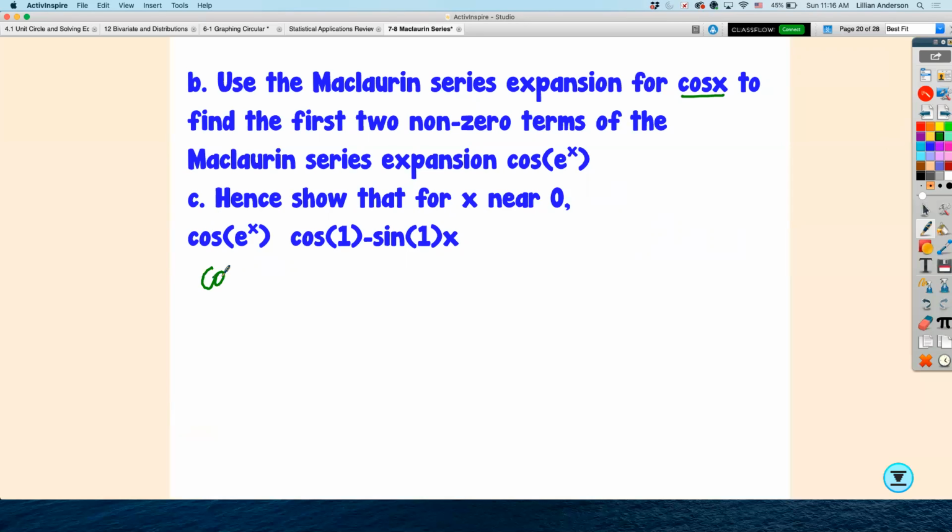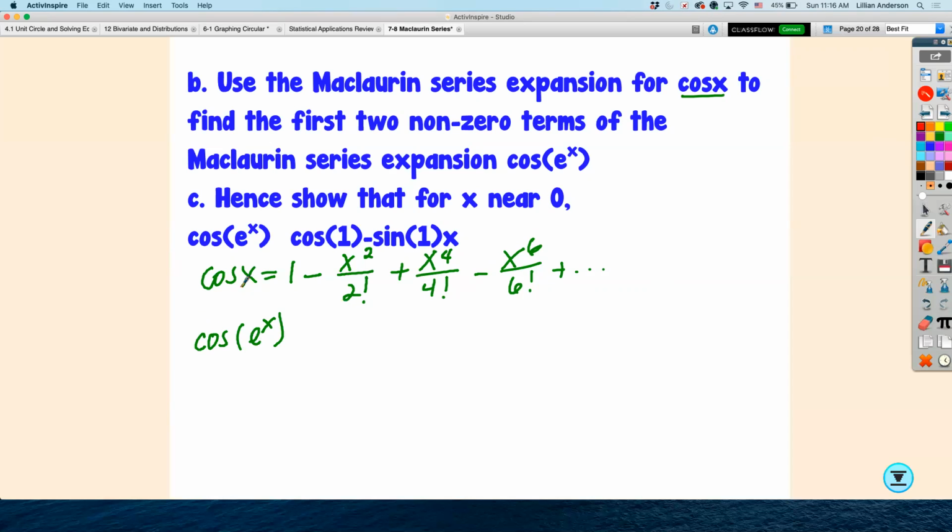Well, we know that cosine x, from our reference booklet and also from the notes before, is the series 1 minus x squared over 2 factorial plus x to the 4th over 4 factorial minus x to the 6th all over 6 factorial, and it keeps going in that respective pattern. So if I'm looking for cosine e to the x, that means I'm going to replace x in each one of these with e to the x, okay?